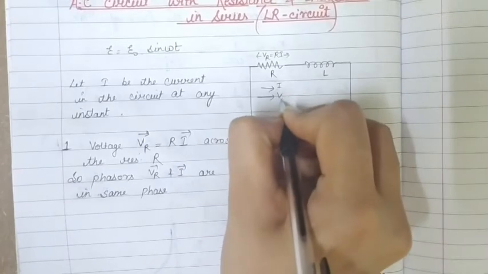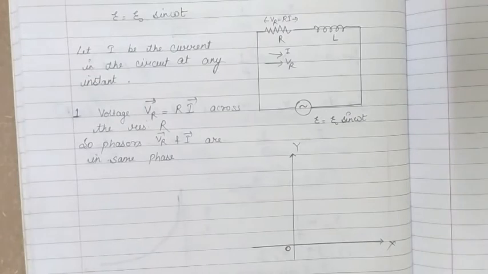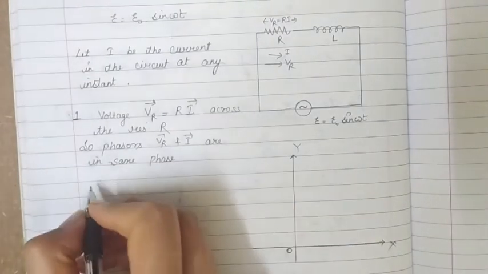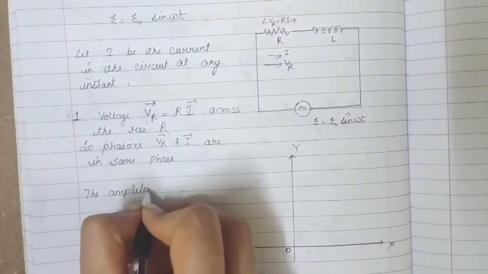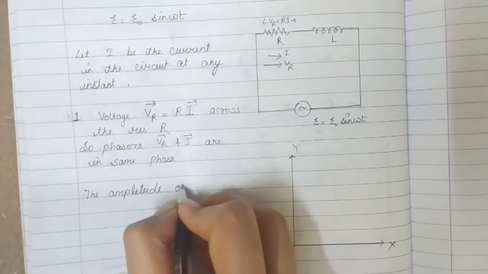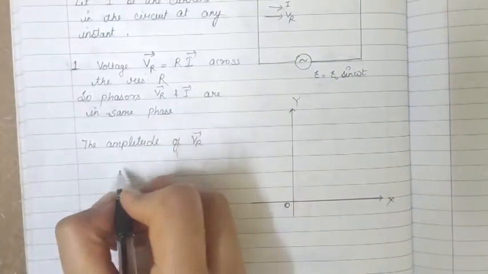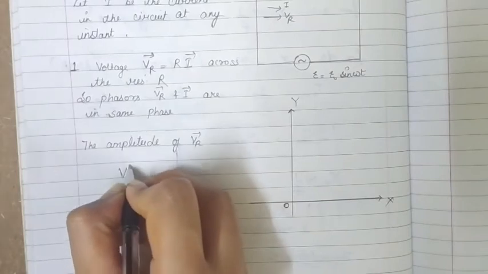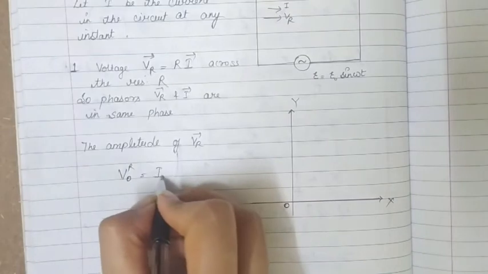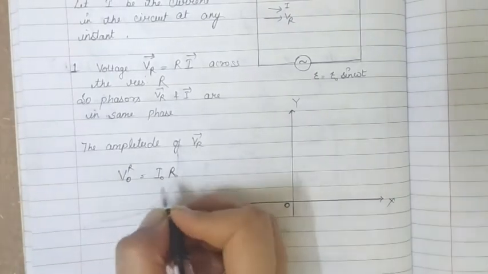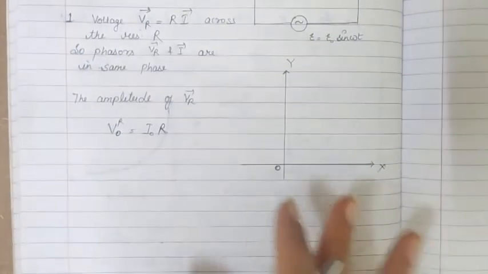So I and VR are both in the same direction in case of a resistor. The amplitude, that is the peak value, of phasor VR, we write as VR naught, where naught represents the peak value, is equal to I naught R. This is the case for resistance.